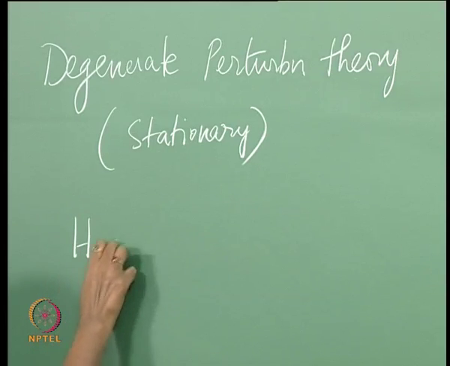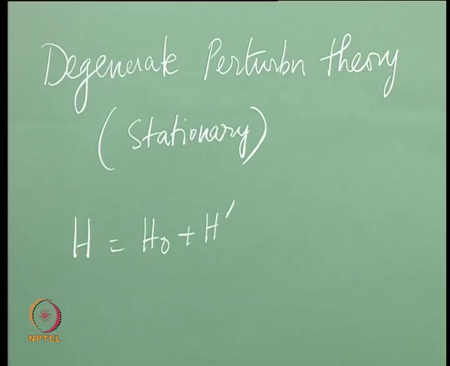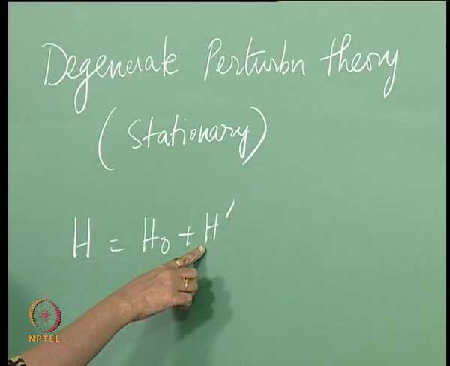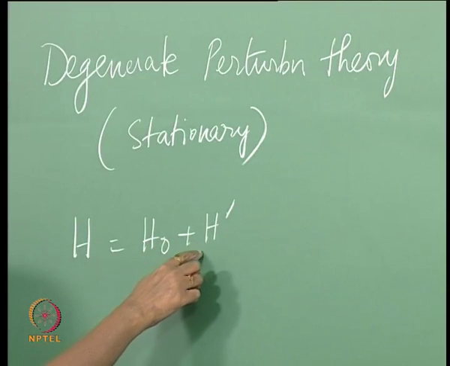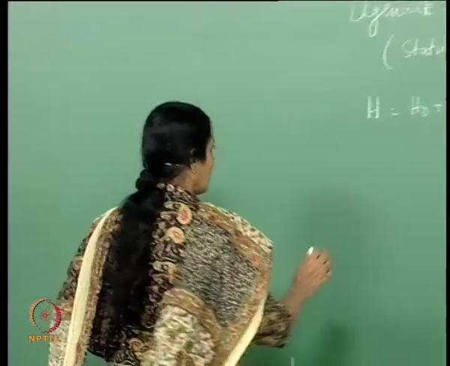The total Hamiltonian H is H naught plus H prime. The example that we select is where H prime is a constant electric field along the z-axis, and we work in the dipole approximation.